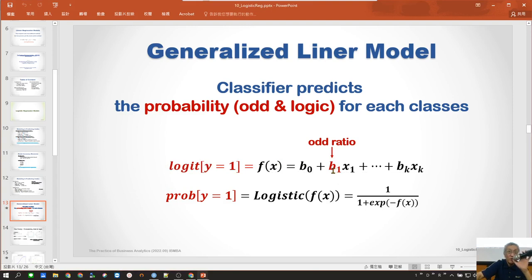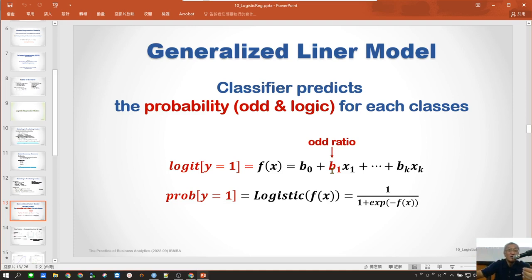This coefficient actually is the marginal effect on the log odds, but log odds is too difficult to understand, right? So usually you apply exponential transformation to the coefficient and treat that as the odds ratio, the odds multiplier of y equal to 1. Okay? See that? Because they are multipliers, their effects are multiplied by each other.